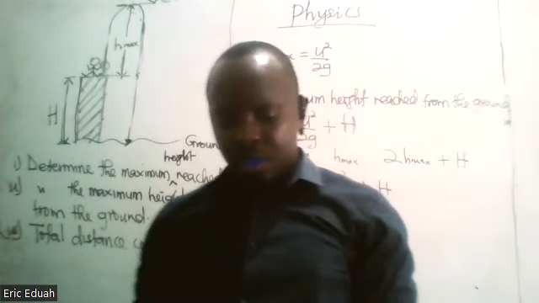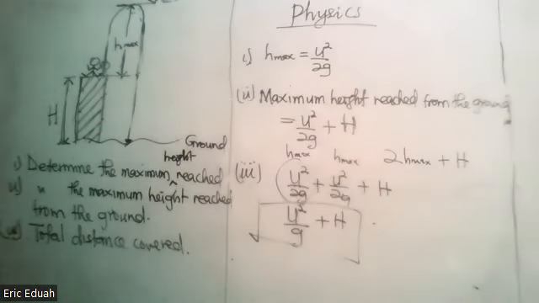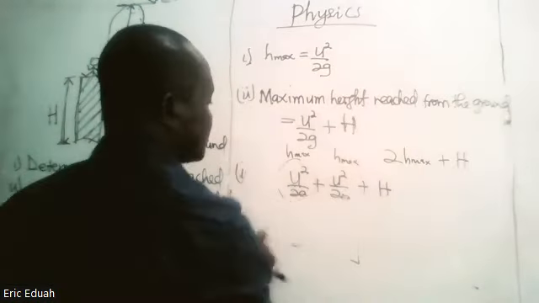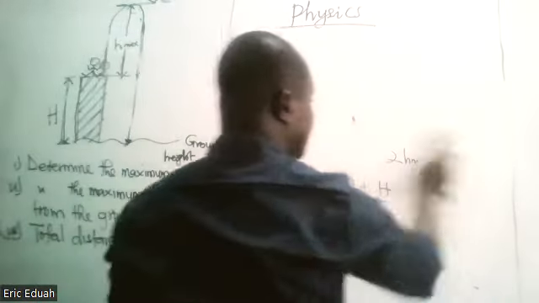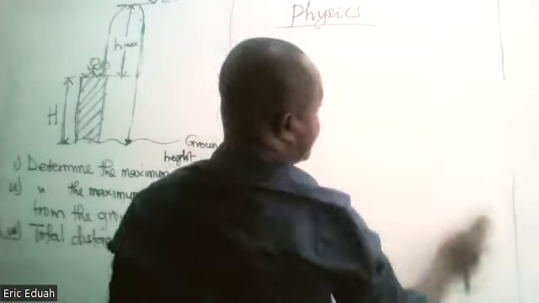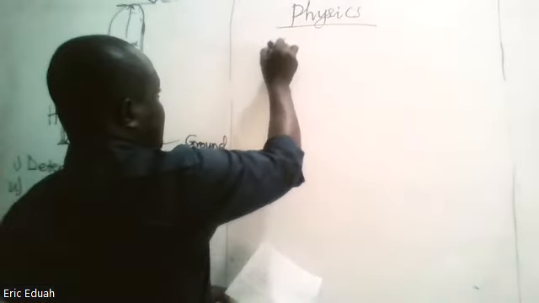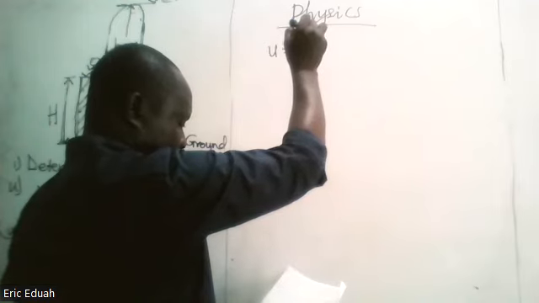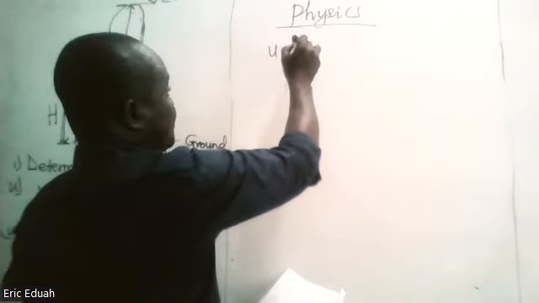So the initial velocity u is 20 meters per second.